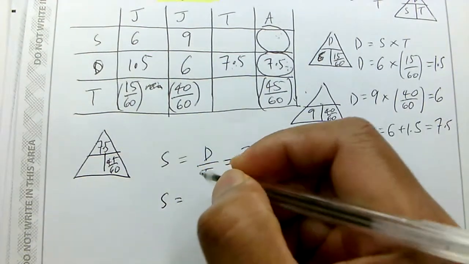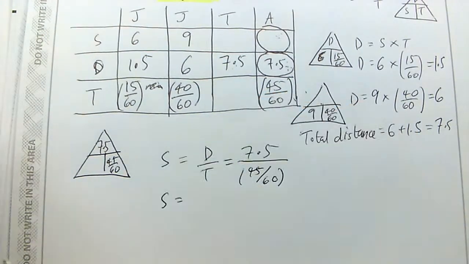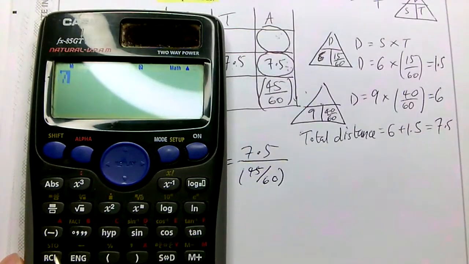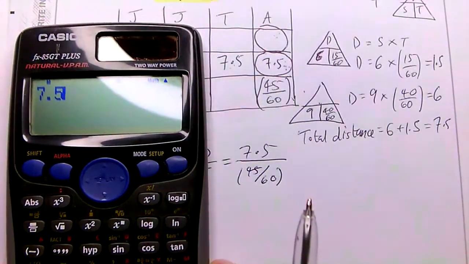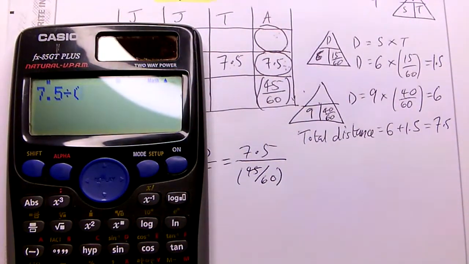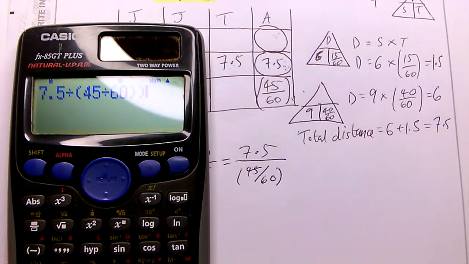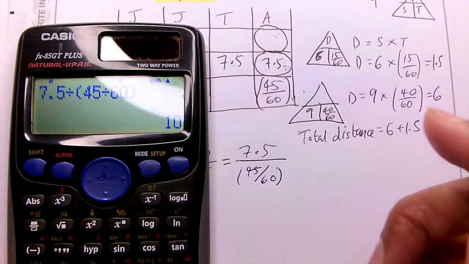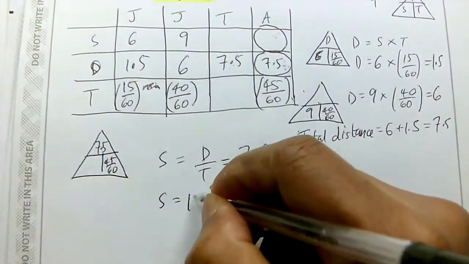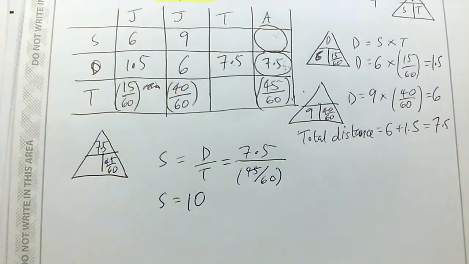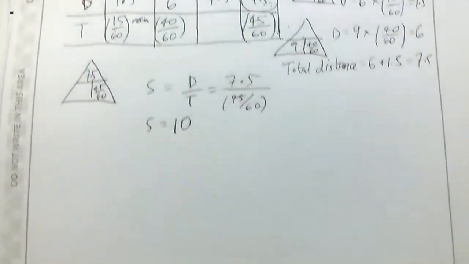So my speed equals 7.5 divided by bracket 45 divided by 60, close bracket, gives me 10. So my answer is 10 miles per hour.